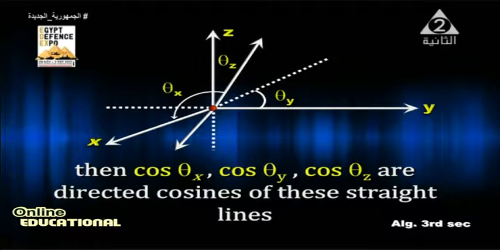Also cosine theta x, cosine theta y, cosine theta z are the directed cosines of the straight line. Remember, theta x, theta y, theta z are called directed angles, but cosine theta x, cosine theta y, cosine theta z are called directed cosines of the straight line.